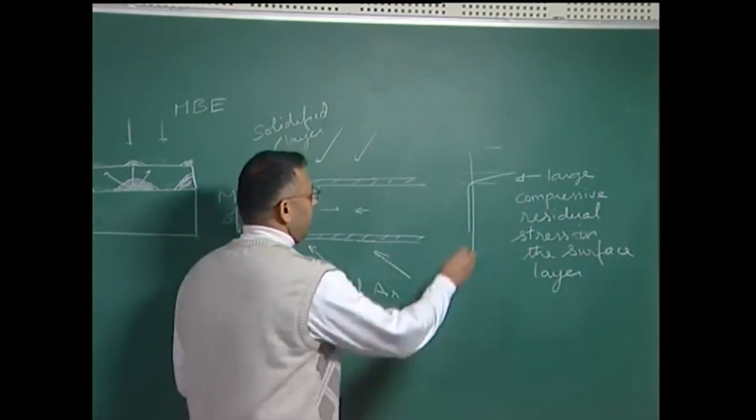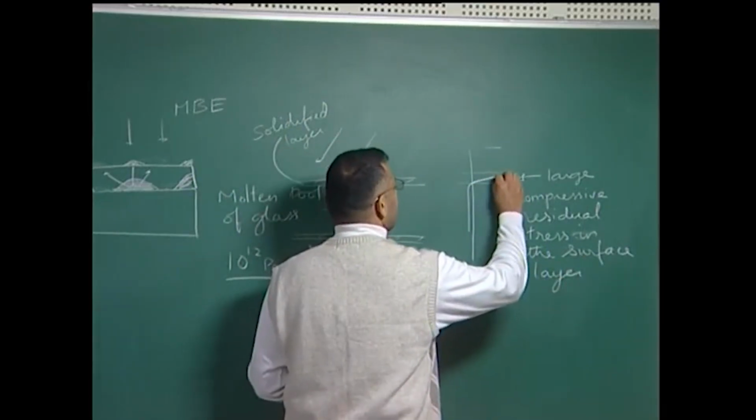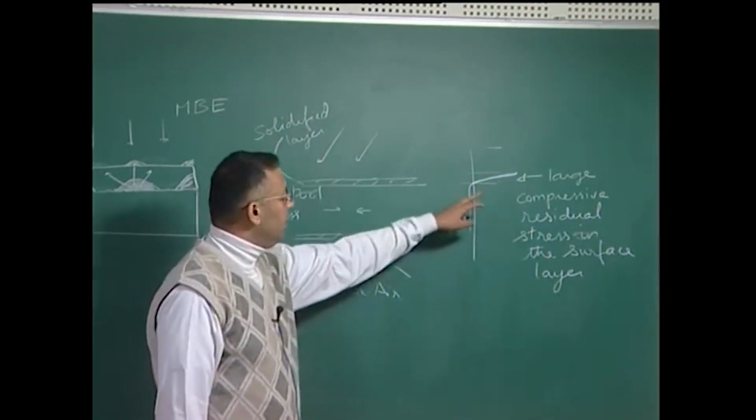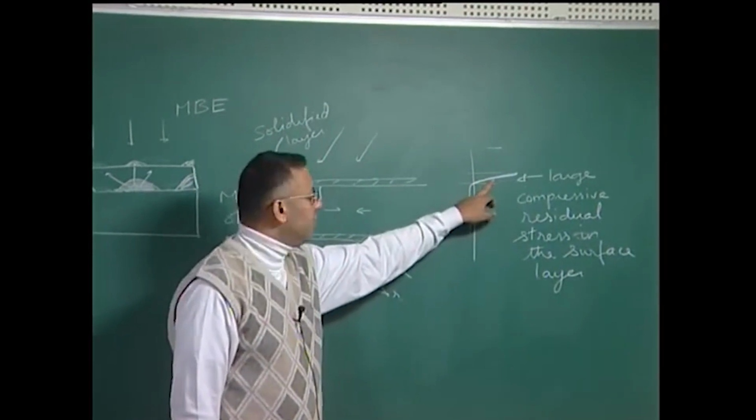So, if I plot my residual stresses, you have a large compressive residual stress on the surface, which will stop crack propagation from the surfaces.